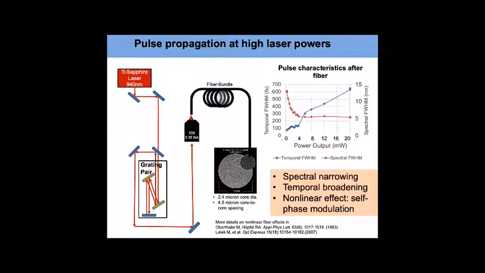What you see if you go above certain power levels is spectral narrowing. If we look here at the spectrum of our pulse, it goes from its original about 12 nanometer full width half max and then narrows down to 5 nanometers. And if you have this narrower spectrum pulse, just by the time frequency product, you can never get your original pulse out. So you don't have enough spectrum to get a short pulse.